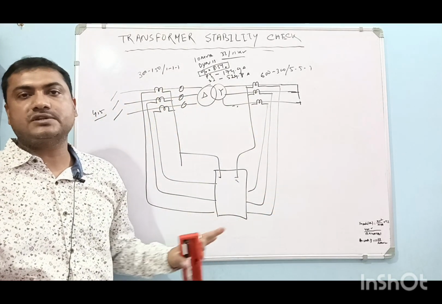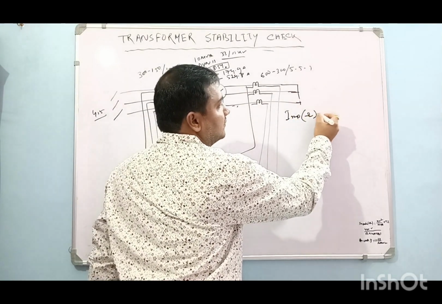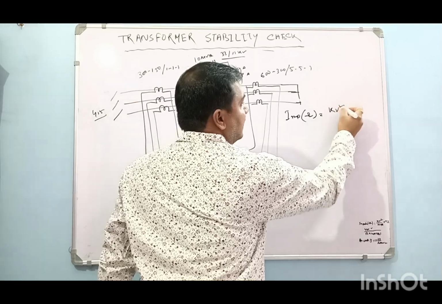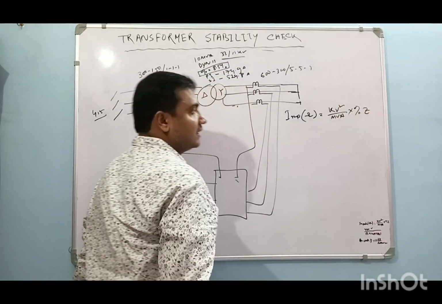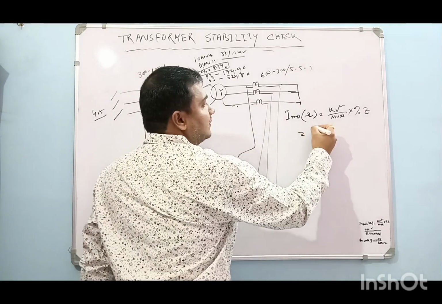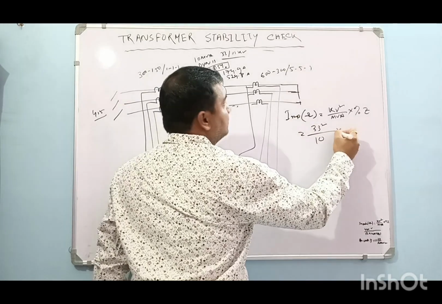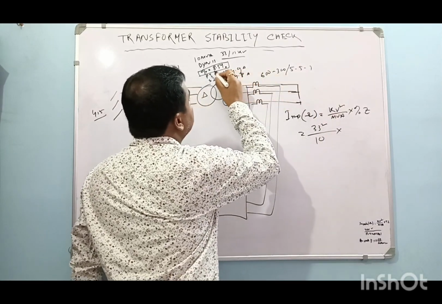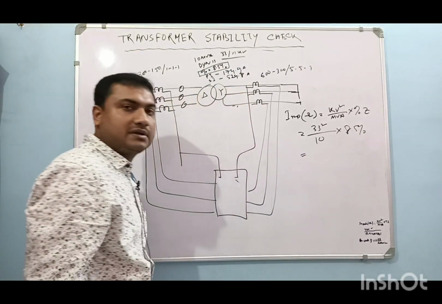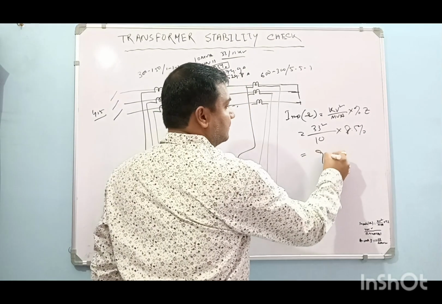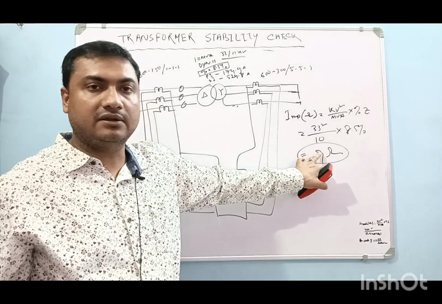In the impedance method, impedance in ohm is equal to kV square by MVA into percentage of impedance. So 33 kV squared by 10 MVA into 8.5%. It will come approximately 9 ohm, if you go round figure.